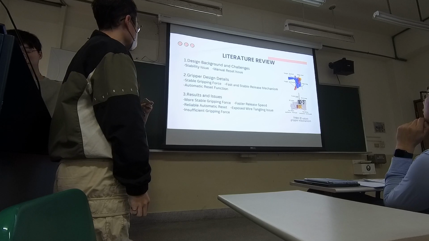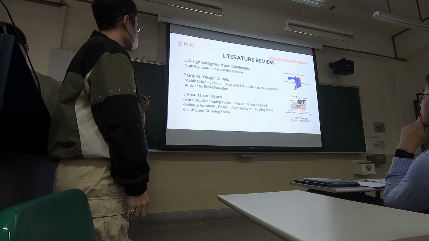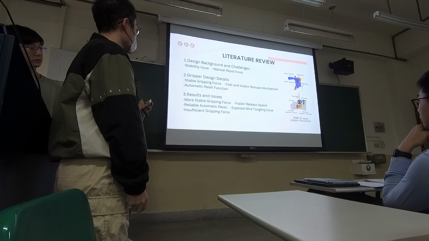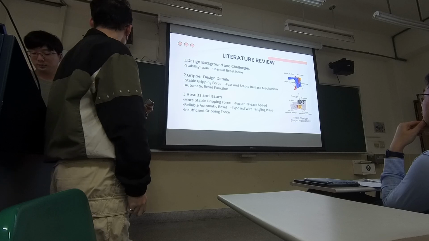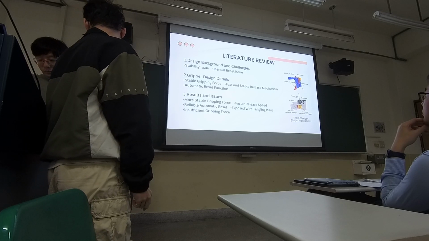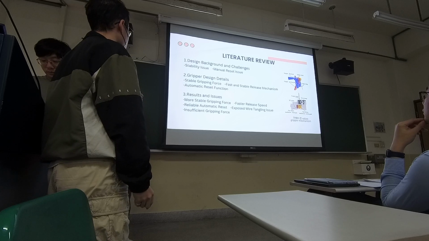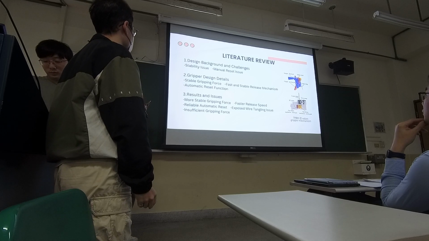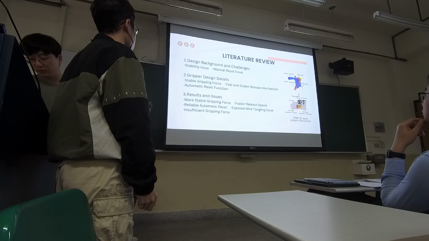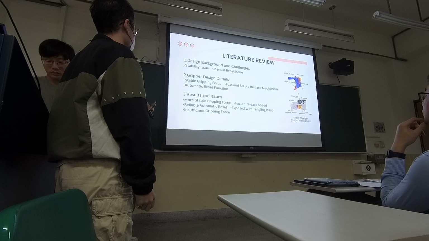This new design solves the issue of resetting the control line and provides both a quick relax function and gripping force. Breaker design details: stable braking force. To maintain stable braking force, a force sensor was installed in TRPR3.